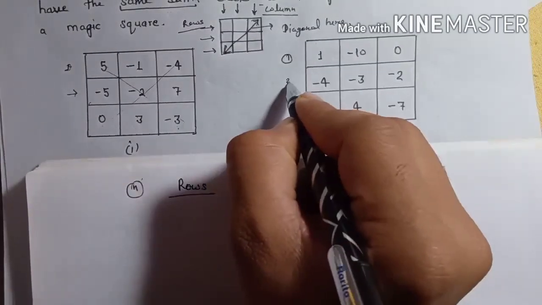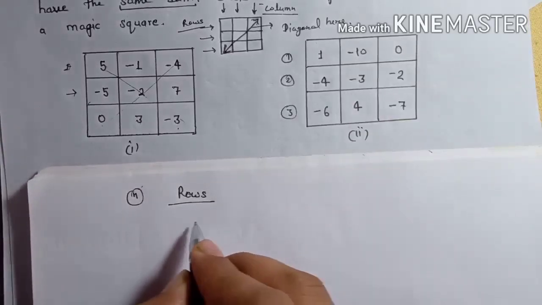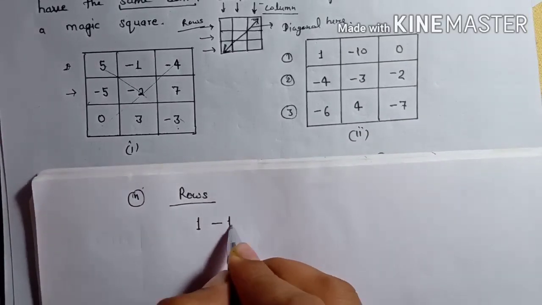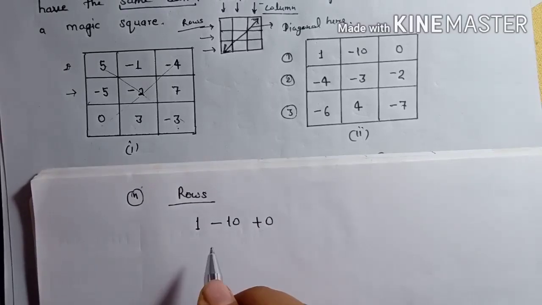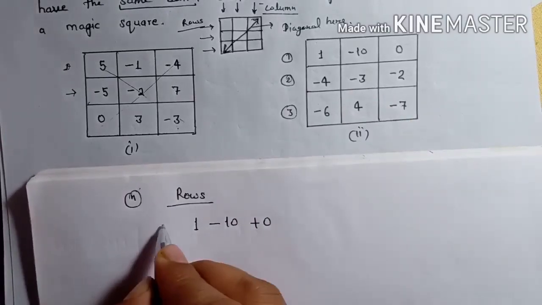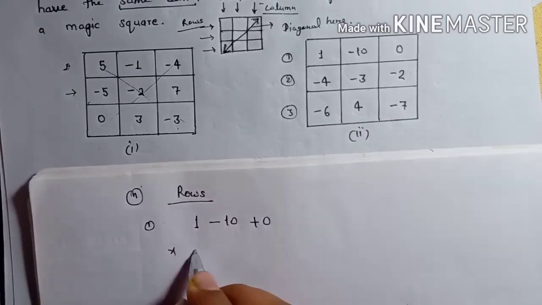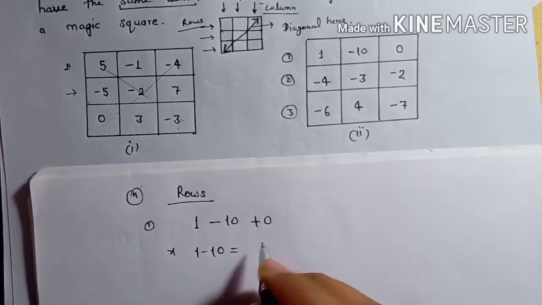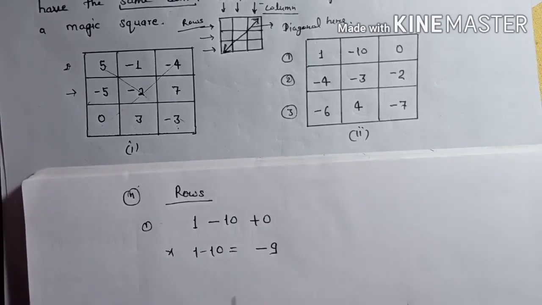Row first, row second, row third. First row: 1 minus 10 is equal to -9.